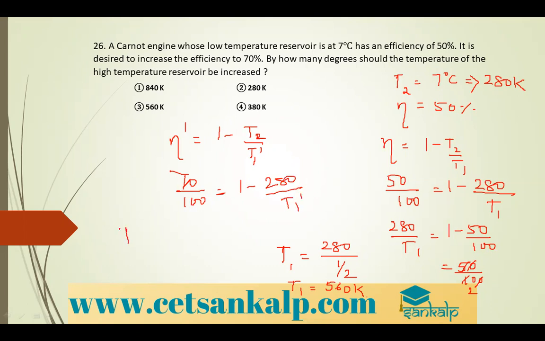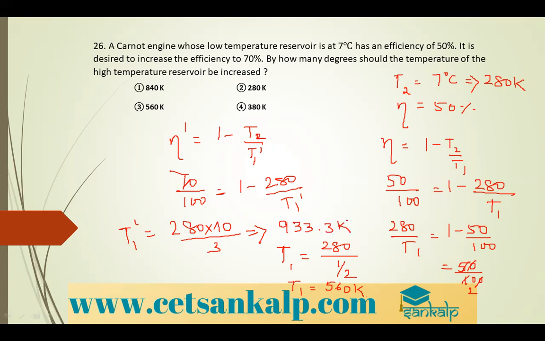Find T1 dash again. So it is 280 into 10 divided by 3, which is 933.3 recurring.